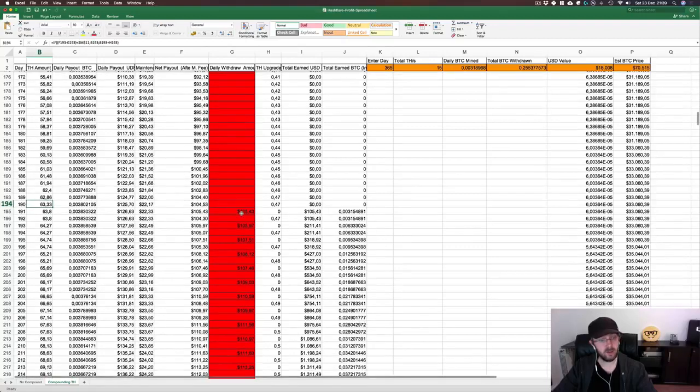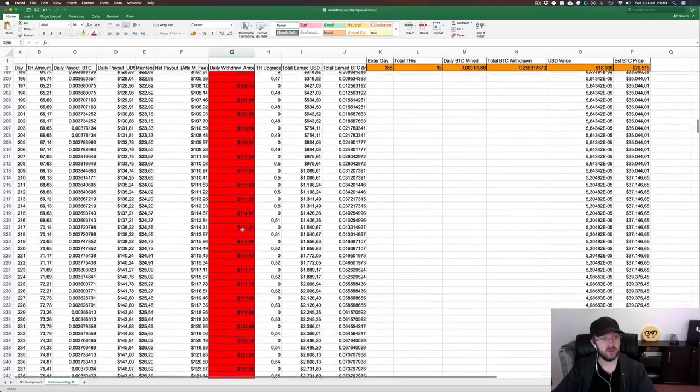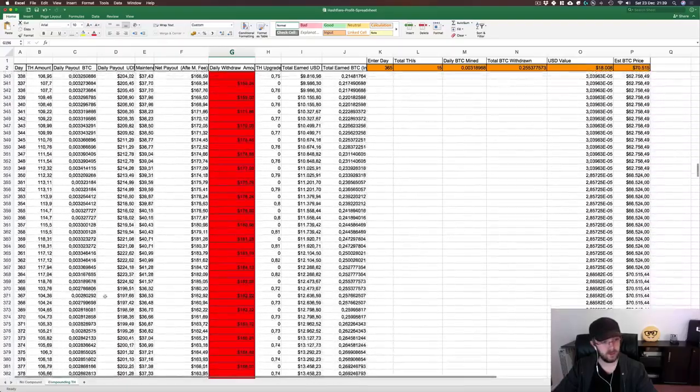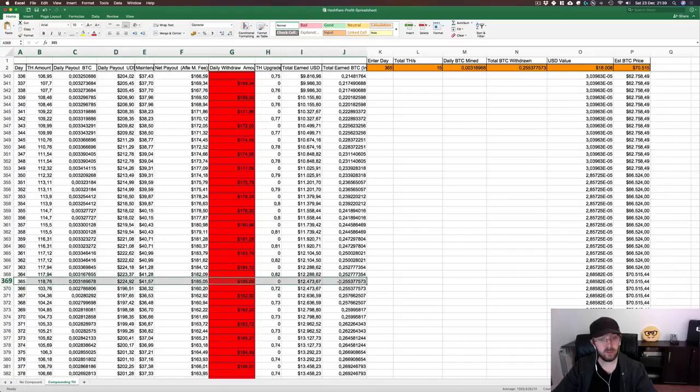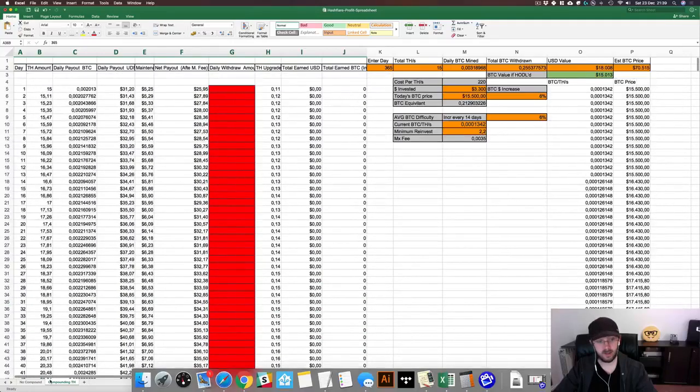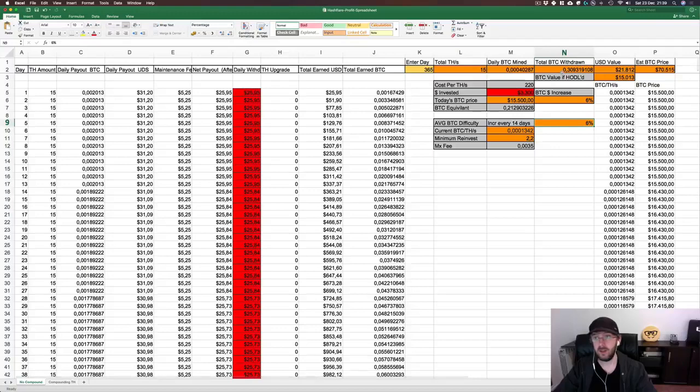And from then we will be investing one day, and the other day will be withdrawing, and so on. So at the end of the year, around here, we will end up with 0.25 Bitcoin, which is a bit less. If we take a look here, it's a bit less than without compounding.